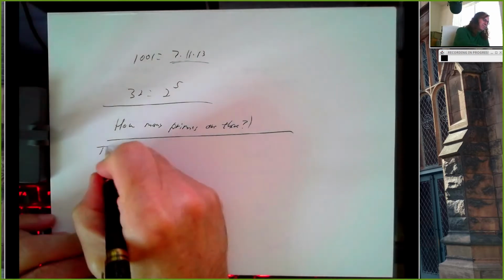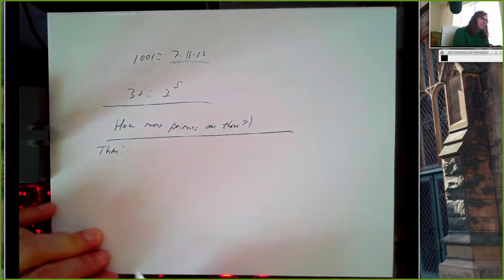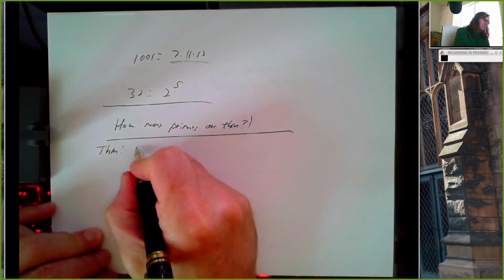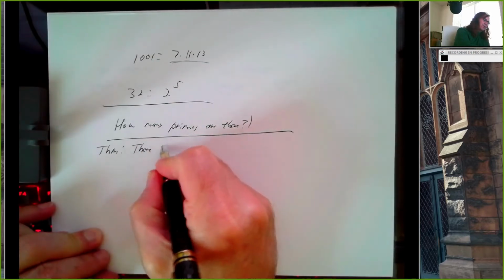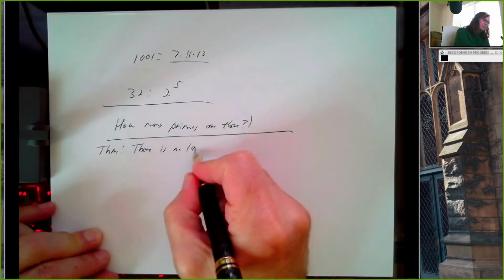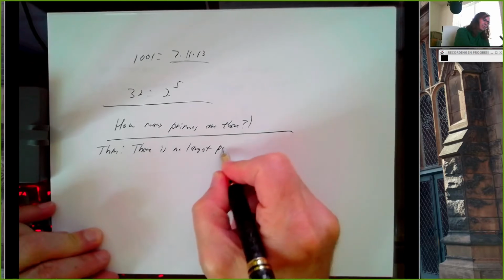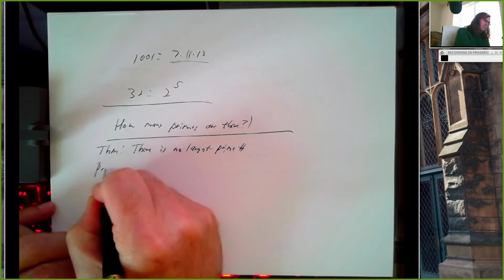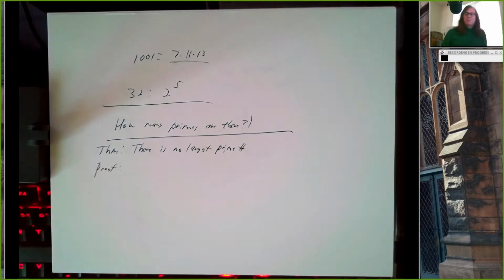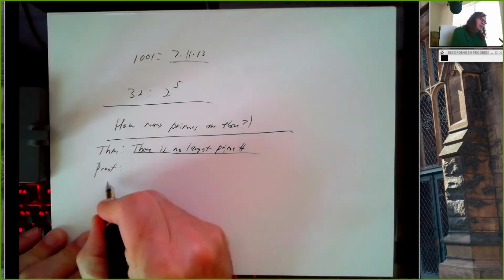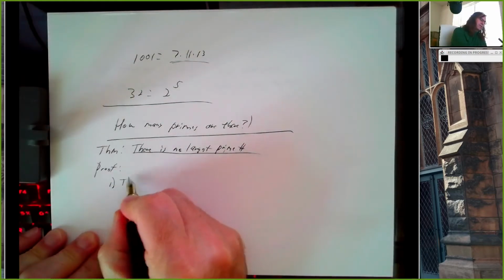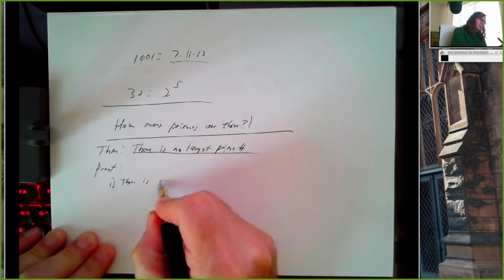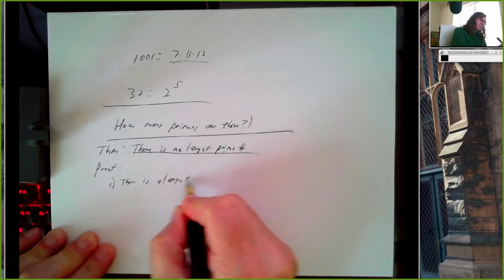But let's do a simple proof of this theorem. There is no largest prime number. And our proof, we'll do a proof by contradiction. So we'll negate this, and we'll say there is a largest prime number.